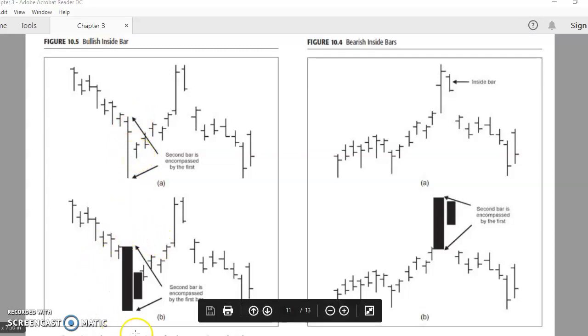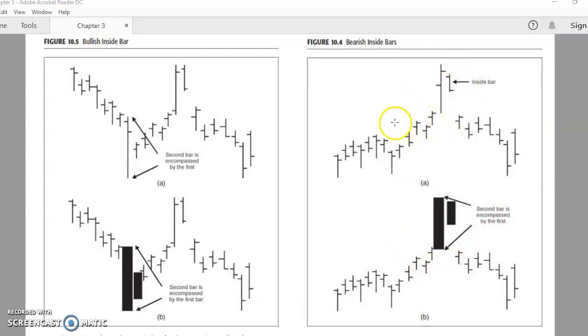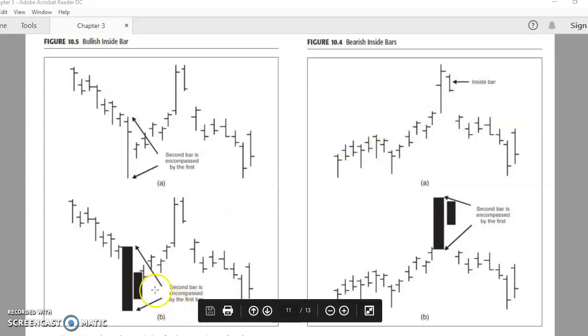In a candlestick chart, we call this pattern a harami pattern. So this is the inside bar. Its position should be similar to the outside bar: it should be located at the lowest or trough point, or at the top or peak point.